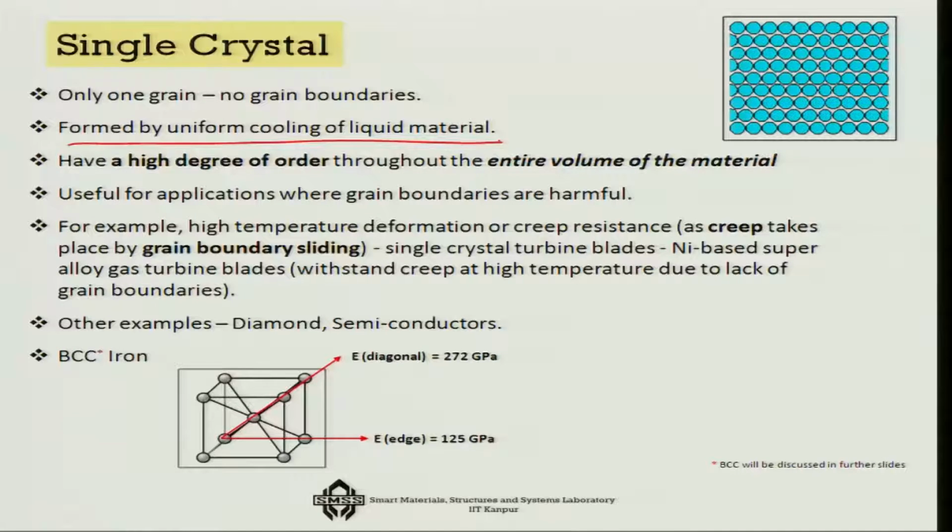For example, one practical application is in the computer industry, because of the silicon chips that are developed. If you make the silicon chips of polycrystalline structures, then the grain boundaries will add to the noise, so the microprocessors would not work properly.